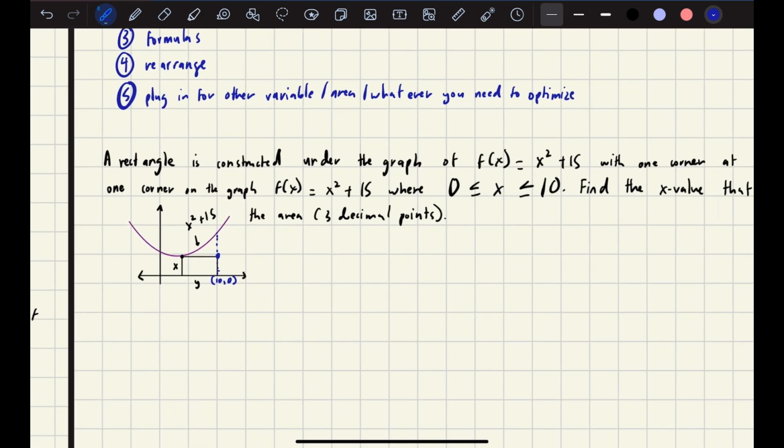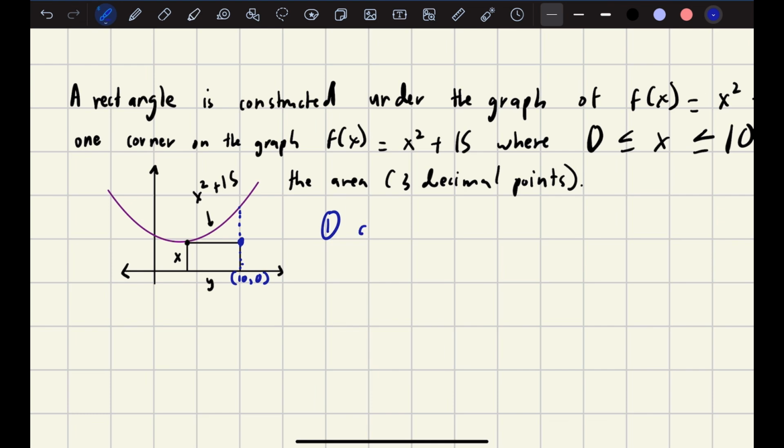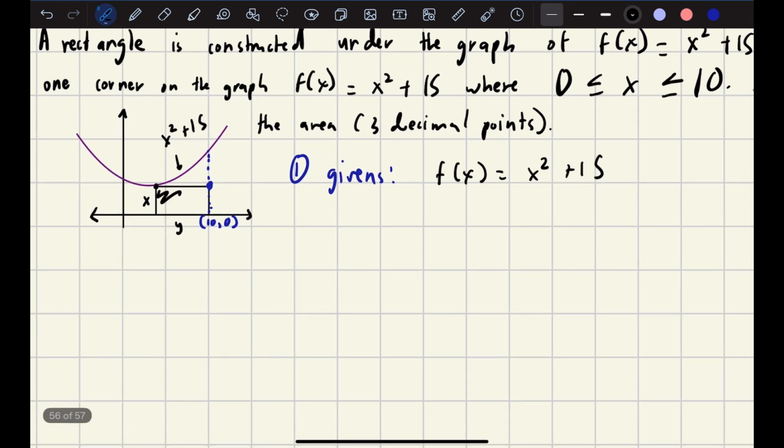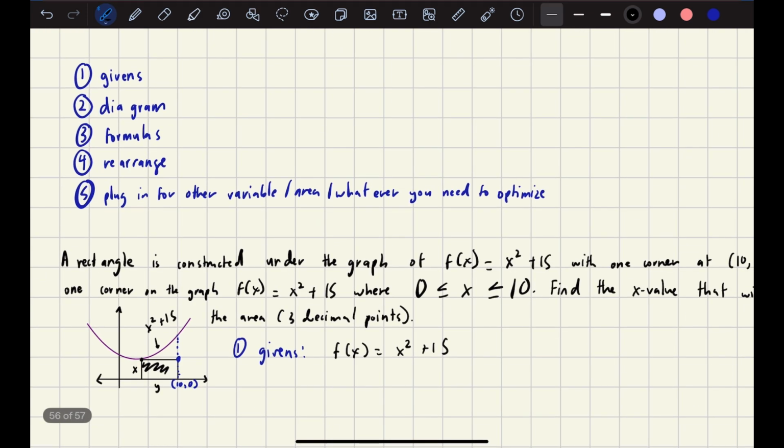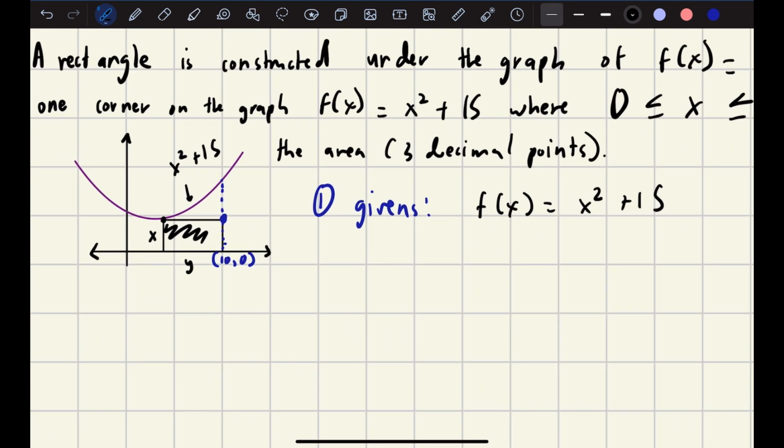So, number 1, we are going to write our givens. So we know that the function is going to be f of x equals x squared plus 15. We also know that the rectangle is under, so the visualization helps. And so we can also skip step 2, but since we have the graph here, I'm not going to write that out.